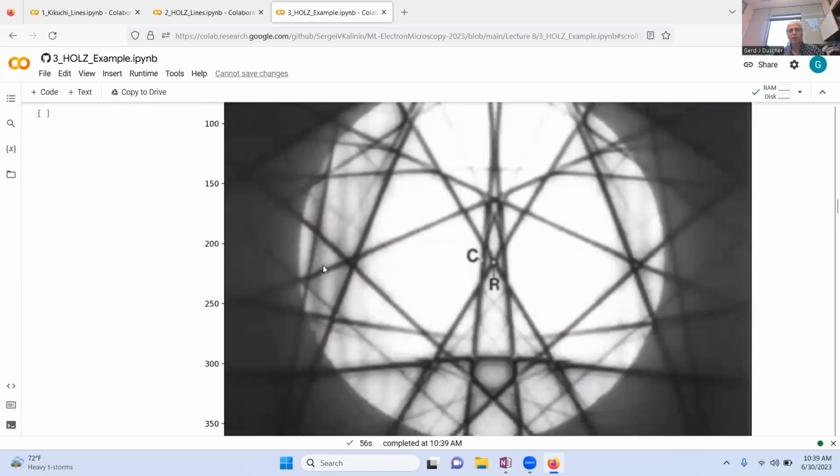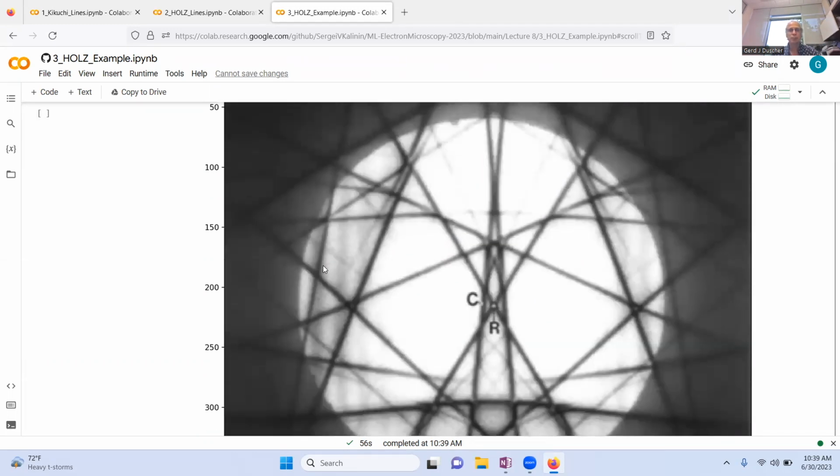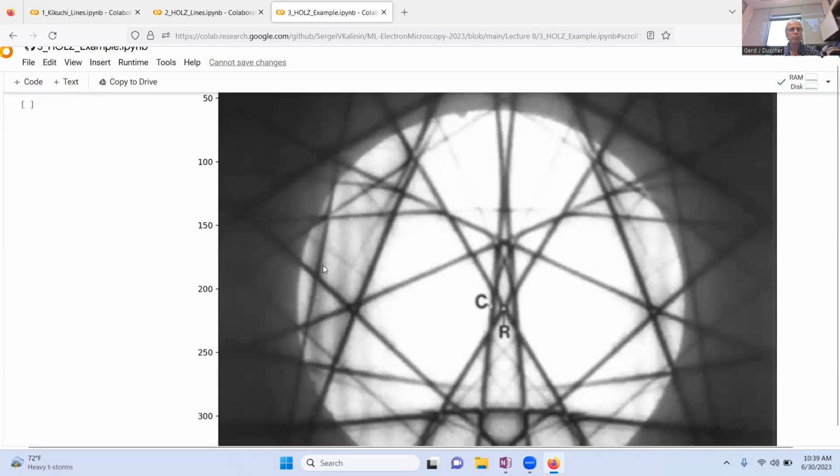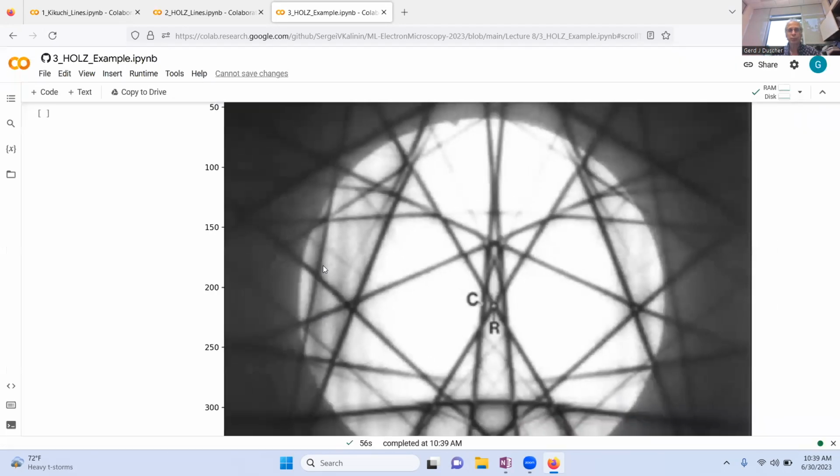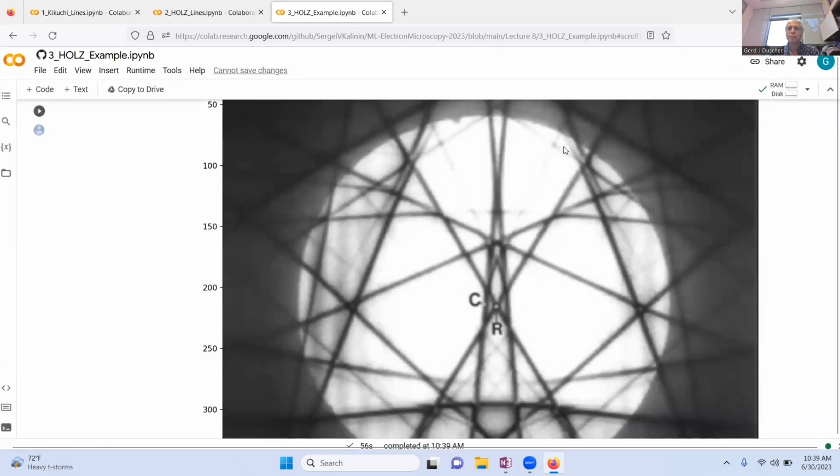So this is going to be the diffraction patterns that we want to analyze. How accurately can we do that? What is the accuracy of our strain tensor?